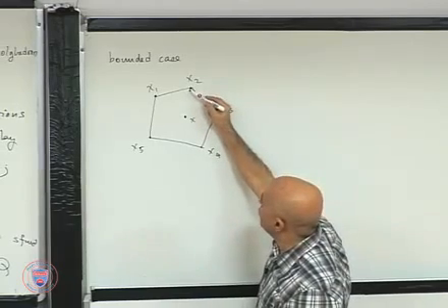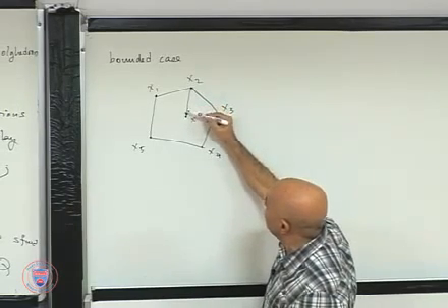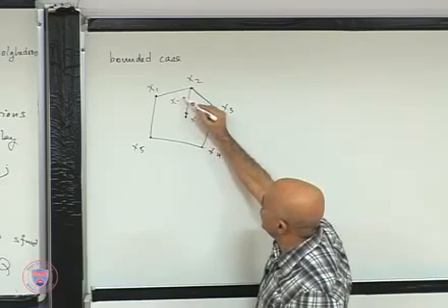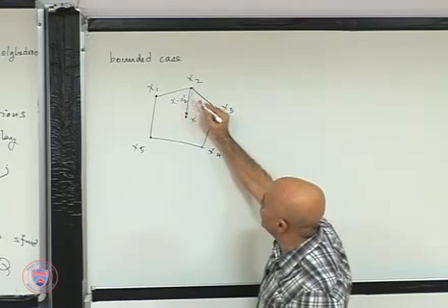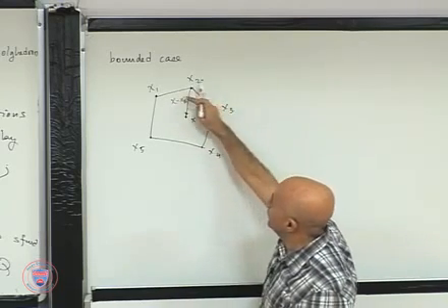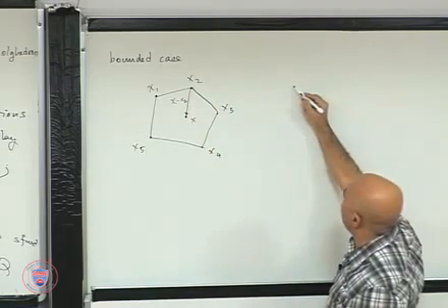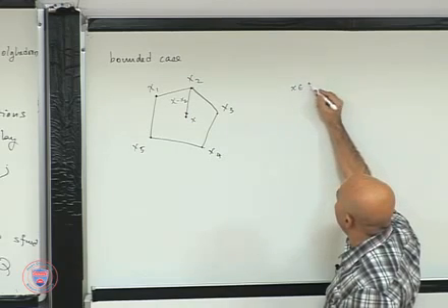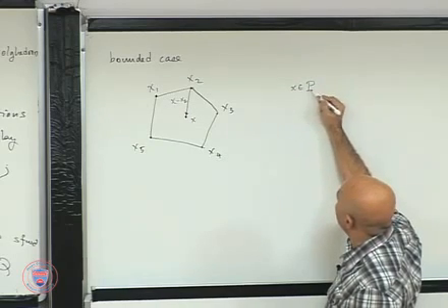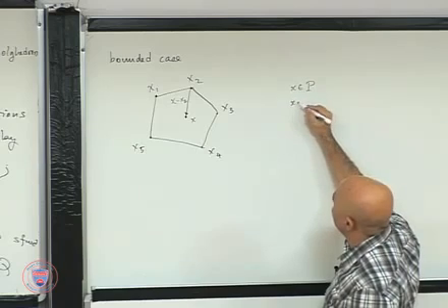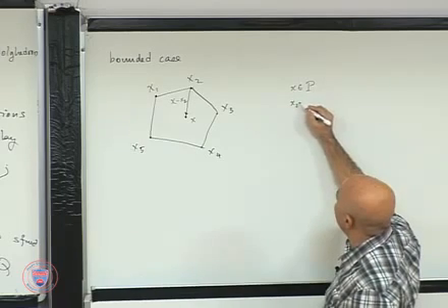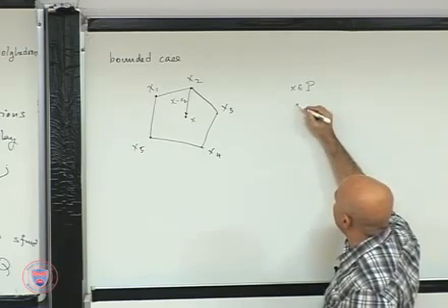Once you do that, you can form this vector, which is your x minus x2 vector. So I picked x in P, and then I picked x2 and formed the vector x minus x2.